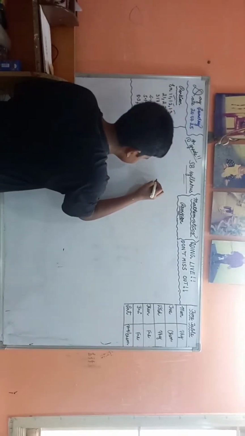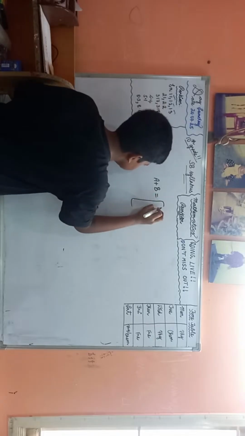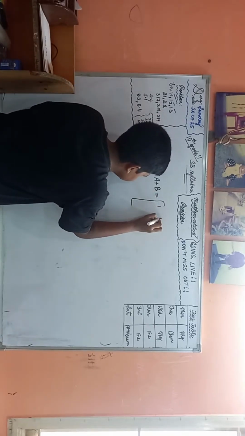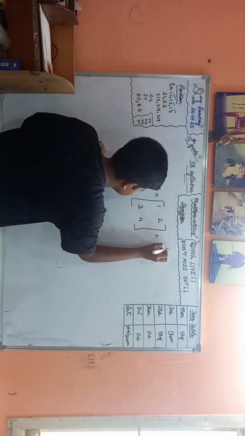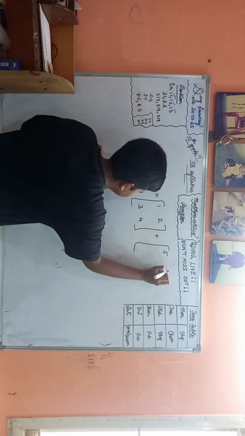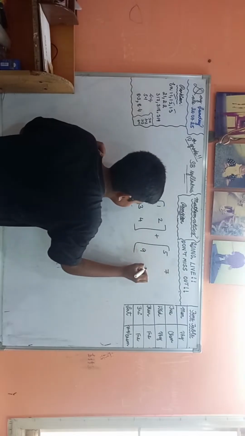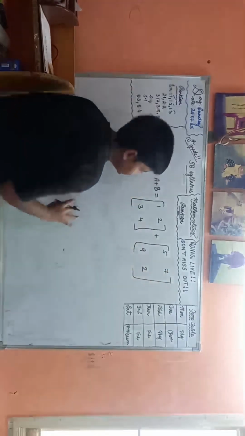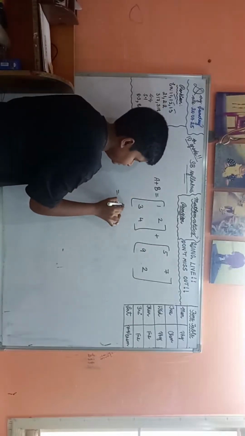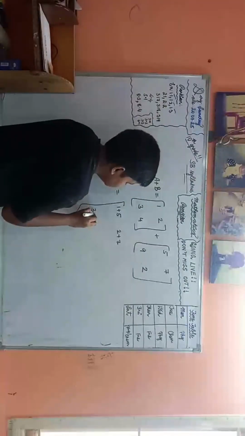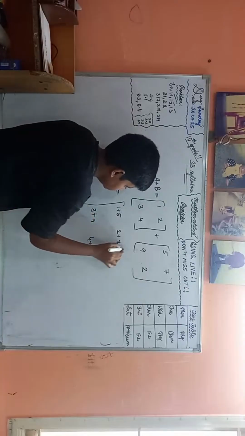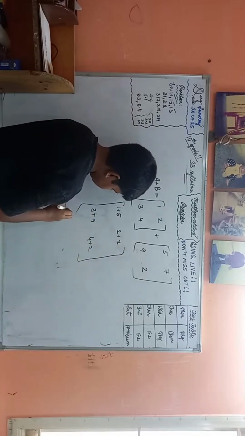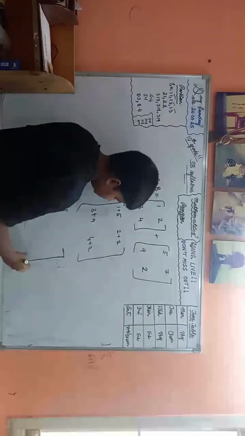So if A plus B is equal to 1, 2, 3, 4 plus 5, 7, 9, 2. So guys, I need you to answer the set.